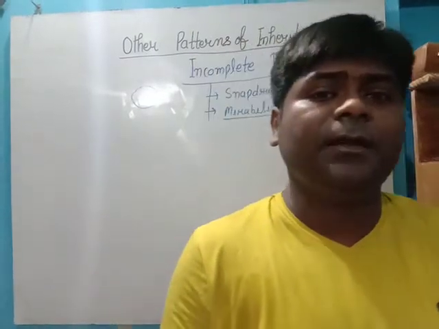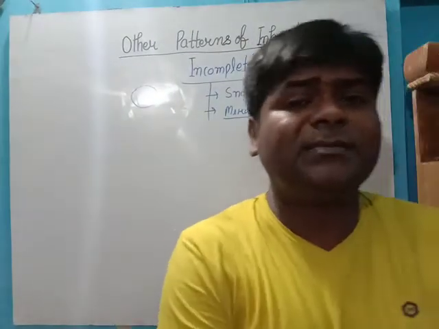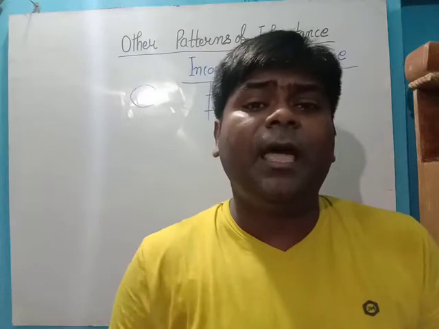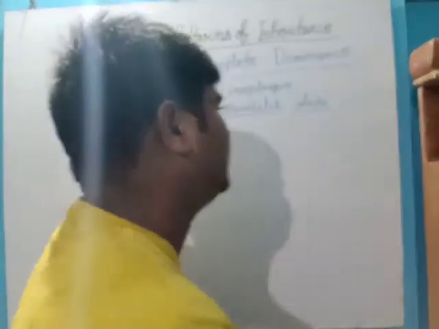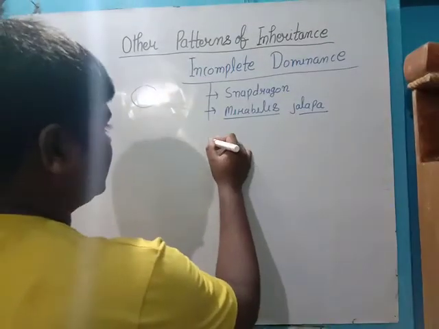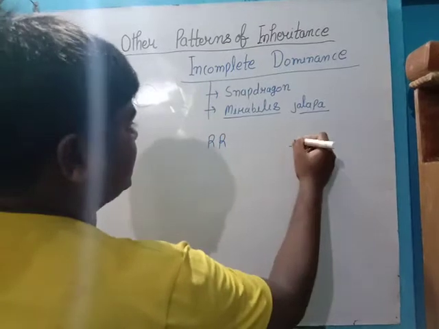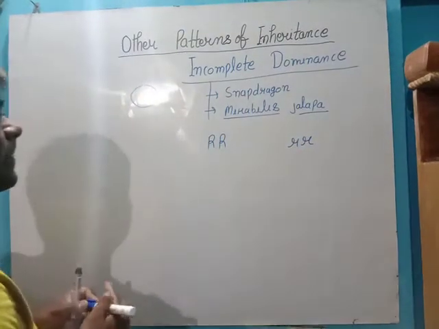What is incomplete dominance? We'll take the detail of this topic. In snapdragon, there are various kinds of flowers, and for that we have a dominant as well as recessive, as we know that we have a contrasting trait. There is a dominant character, there is a recessive character.